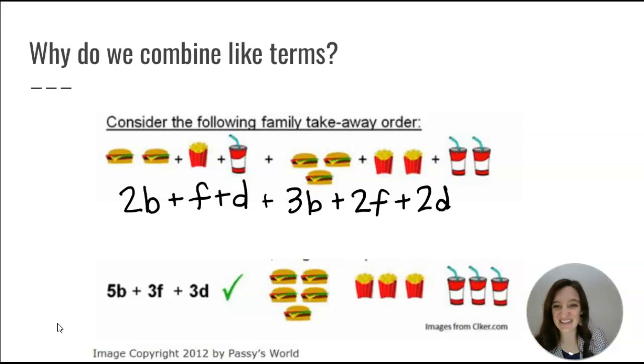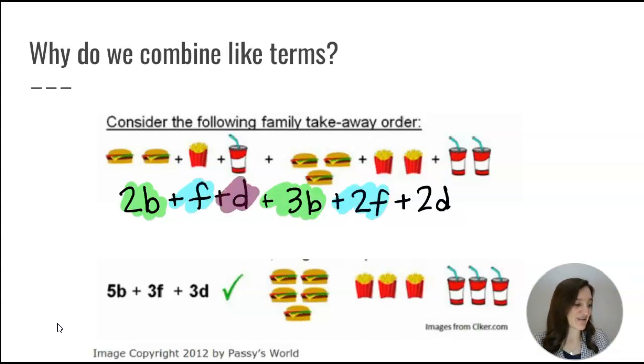That's kind of a lot to keep track of, right? Well, let's combine the 2 hamburgers and the 3 hamburgers, and let's combine the fry with the 2 fries, and let's combine all the drinks. Once we have them all combined, we're going to have 3 drinks, 3 fries, and 5 hamburgers.